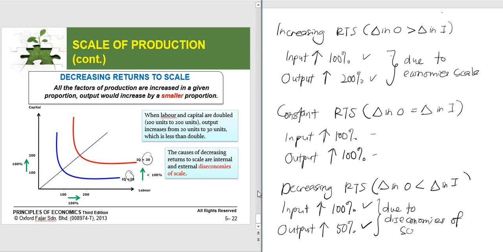For example, mismanagement of labor, mismanagement of capital, and so on. So we are going to look at economies of scale and diseconomies of scale in detail in the next topic. So this is all for topic 5.